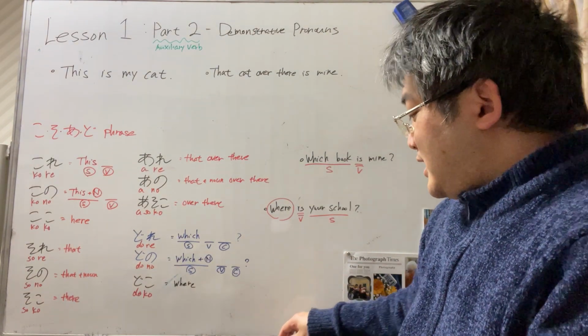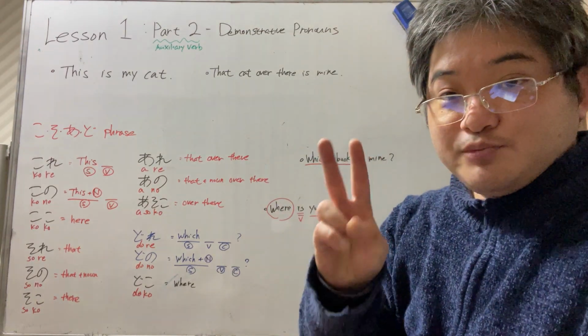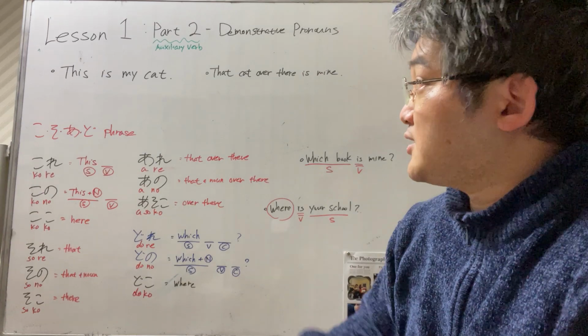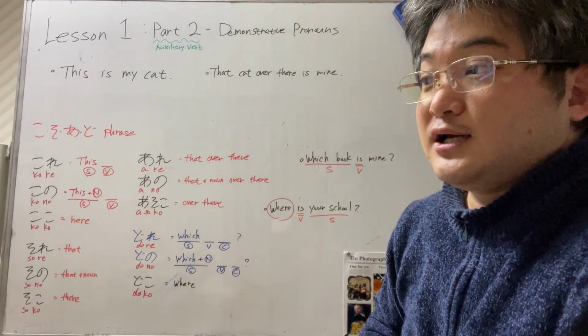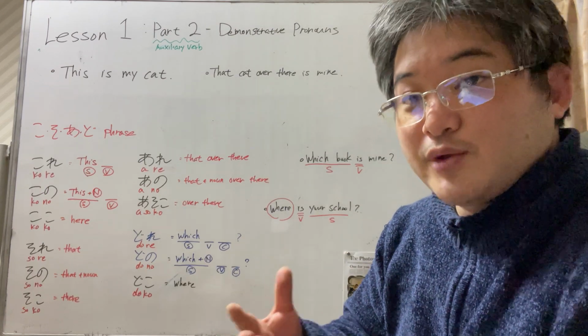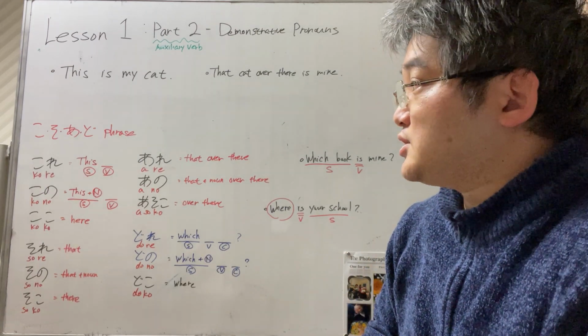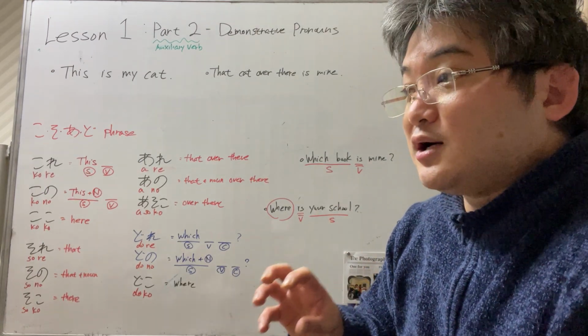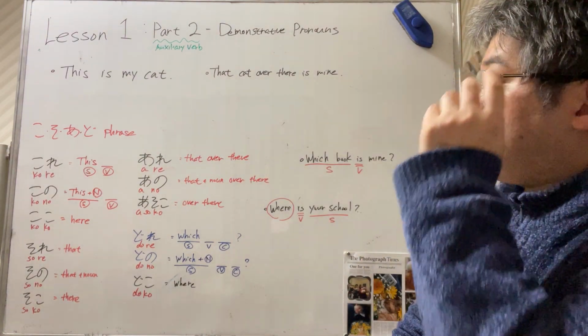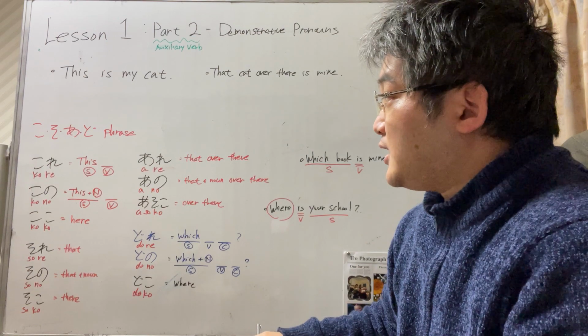But like I said, there are two important things in Japanese. One is that the verb comes at the very end, and the second is understanding the functions of the particles, and each particle serves a specific concept. So let's move on.